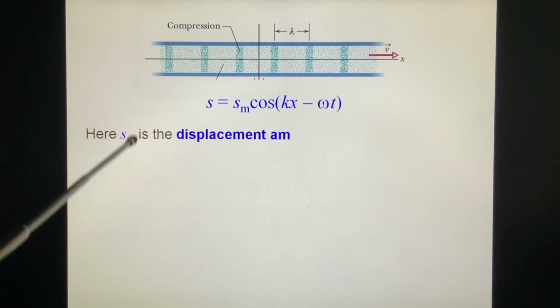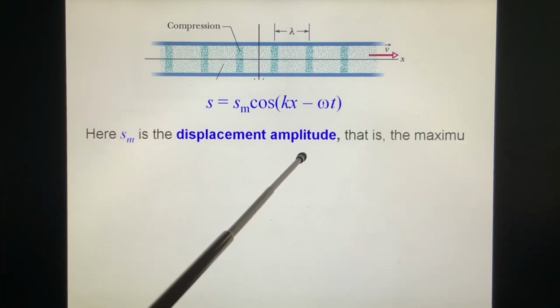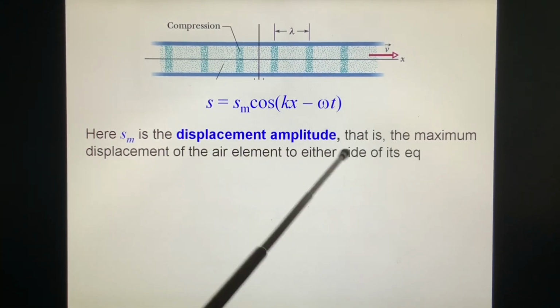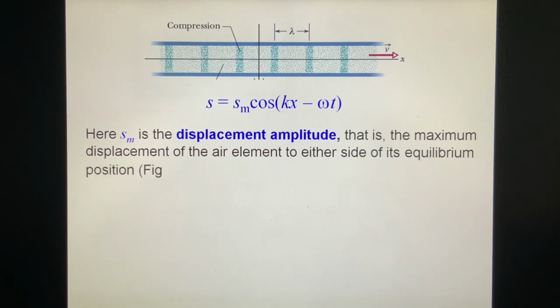Here, Sm is the displacement amplitude, that is, the maximum displacement of the air element to either side of its equilibrium position.